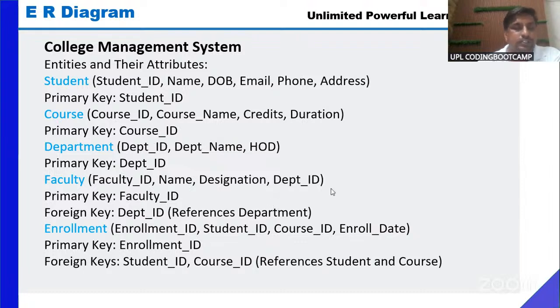Similarly, chemistry faculty will depend on the chemistry department. Similarly, enrollment: when the student enrolls for the course, then enrollment ID, referring to the student, also the course, and also which date. So this is how we usually design a database based on the requirement. Finally, we come up with this type of structure.